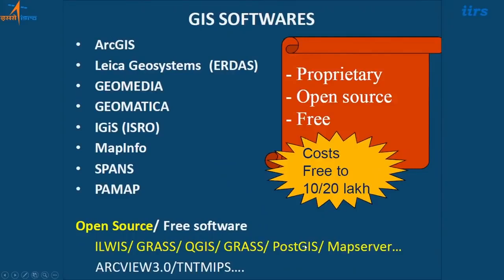Now, if we talk about how we do it, there are existing software, some proprietary software, some open source, and some free software also. But they all have their own limitations and advantages. Sometimes if you go for proprietary software, it will only be a black box for you.